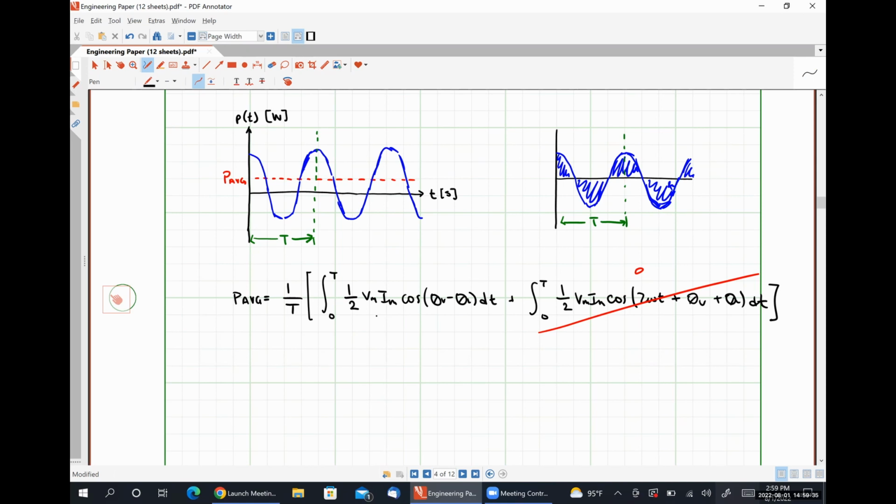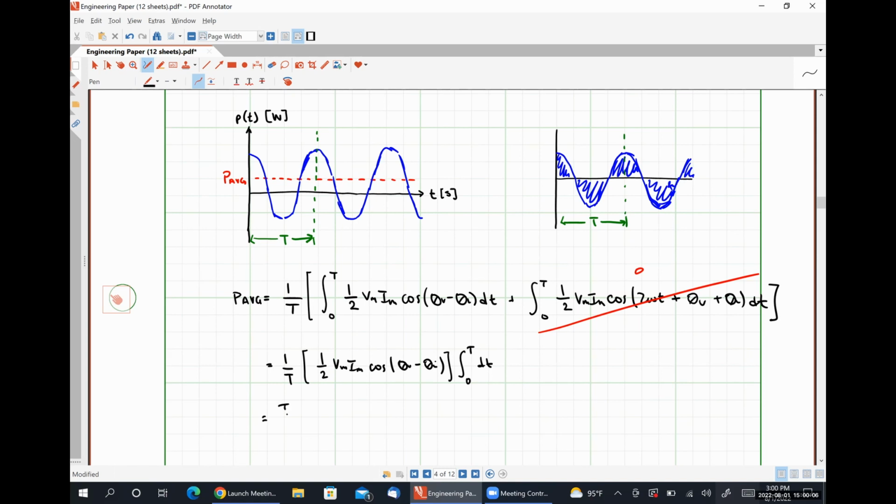Well, 1/2 Vm Im cosine theta V minus theta I is a constant. So I have 1/T times 1/2 Vm Im cosine theta V minus theta I multiplied by the integral from 0 to capital T dt.